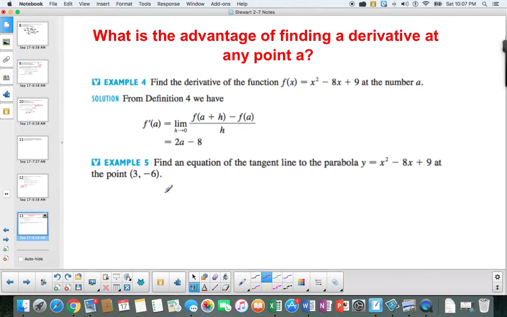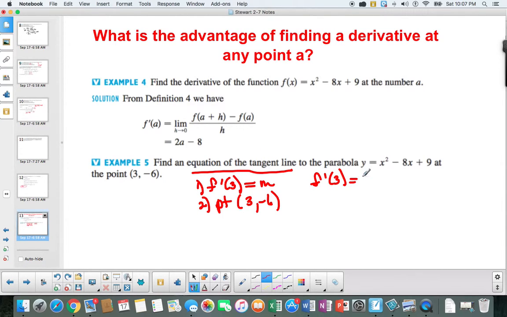So for this particular problem, if I want to find the equation of the tangent line, remember an equation of a tangent line requires 1, the slope at 3, and 2, you're required to have your point, and of course the point is (3, -6). Now we do have a formula for finding the derivative at 3, so all we have to do is put 3 in for a, and we'll get -2. So this slope will be -2.